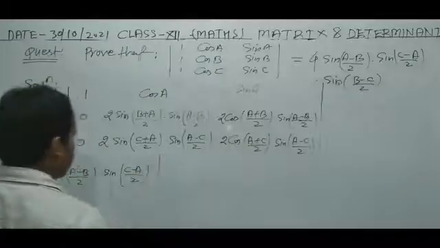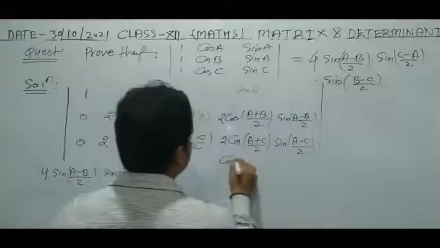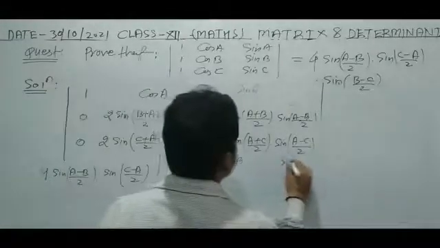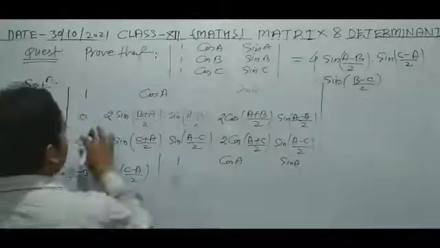We can take A minus C common, and when you use C minus A, there will be a negative sign. So at the place of R1 this will be the same result: 1, cos A, sin A and 0.